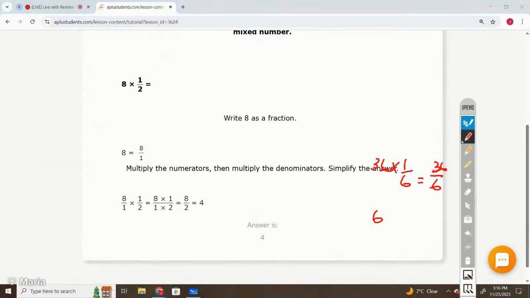So multiply the numerator with numerator and denominator with denominator. 8 times 1 is 8 and 1 times 2 is 2. That is 8 over 2. The correct option is 4. 2 times 4 is 8. The correct option is 4.